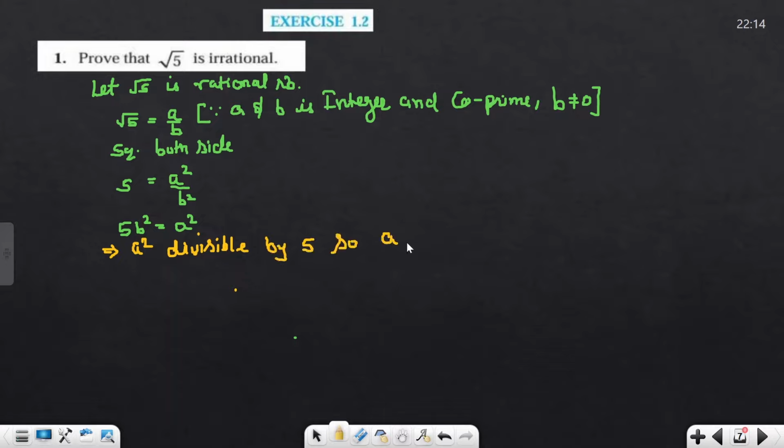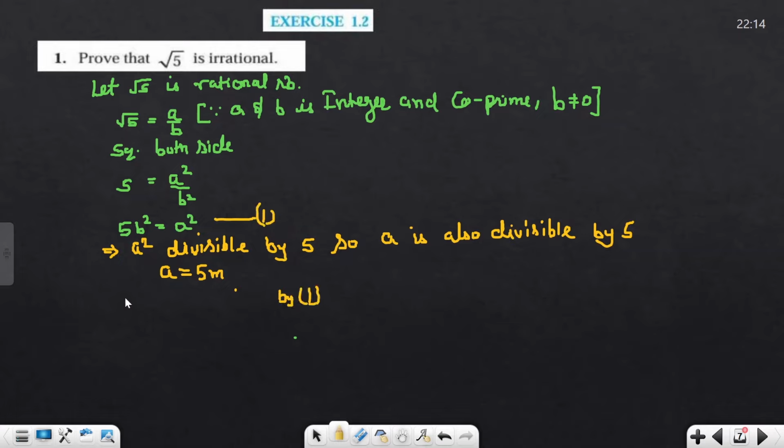So a is also divisible by 5. If a is divisible by 5, it means a is a multiple of 5, so a equals 5m. Now put the value here: 5b square is equal to 25 m square.